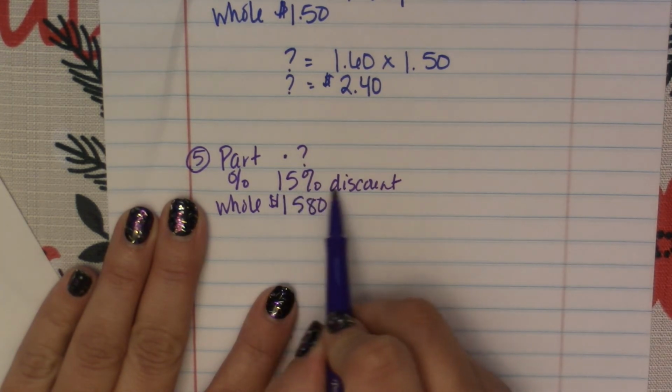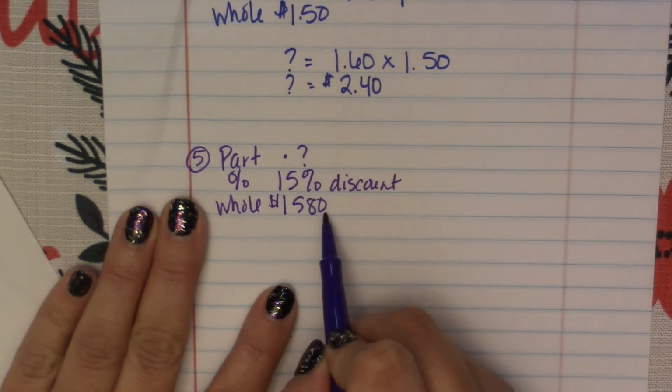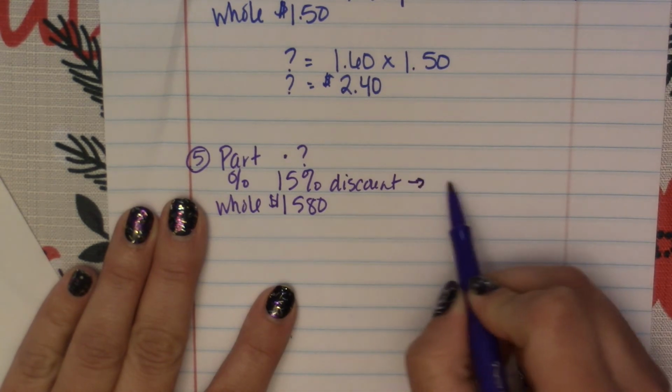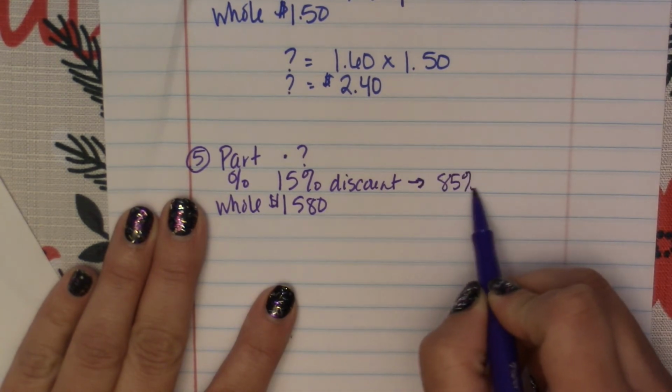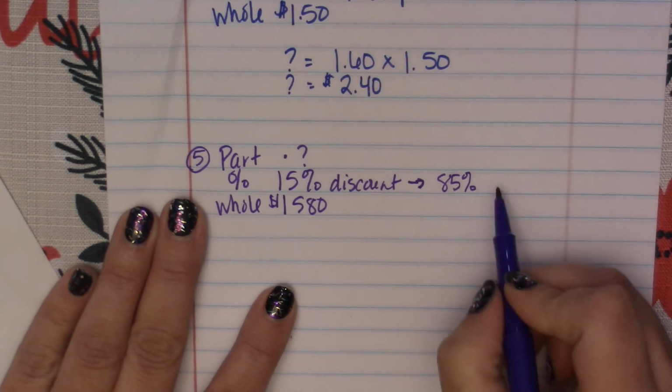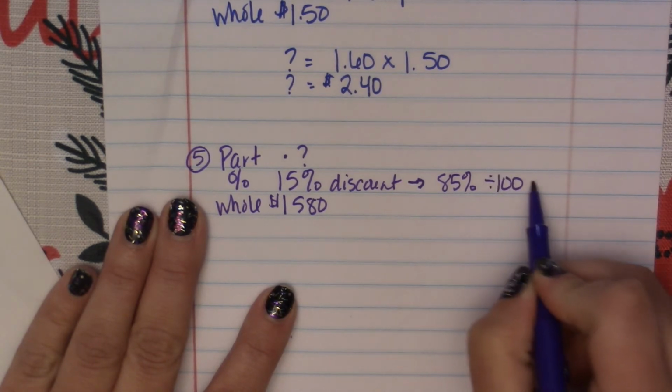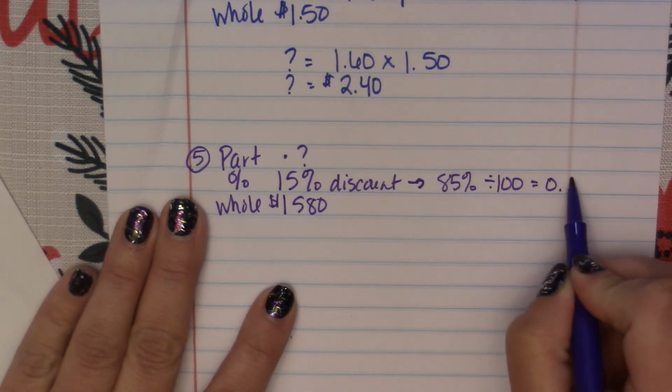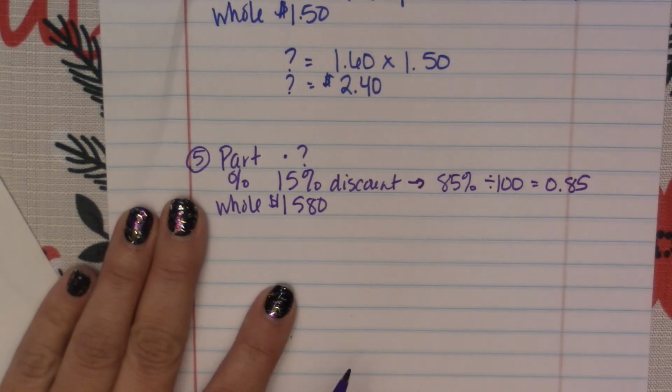So if it's a 15% discount, that comes off of that 100%, meaning that Mr. Quick would have paid 85% of the price. So we're going to change that into a decimal, 0.85.